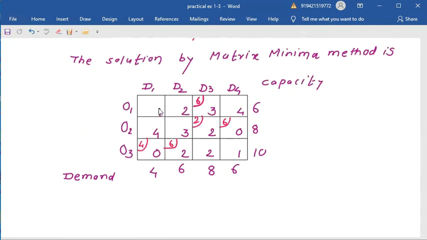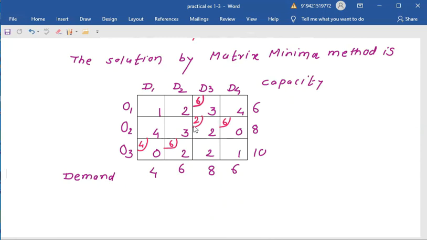So this is a feasible solution. Let us check the row sum restriction. The number of units transported from the first factory to all 4 warehouses is 6, and it is equal to the quantity available at the first factory.